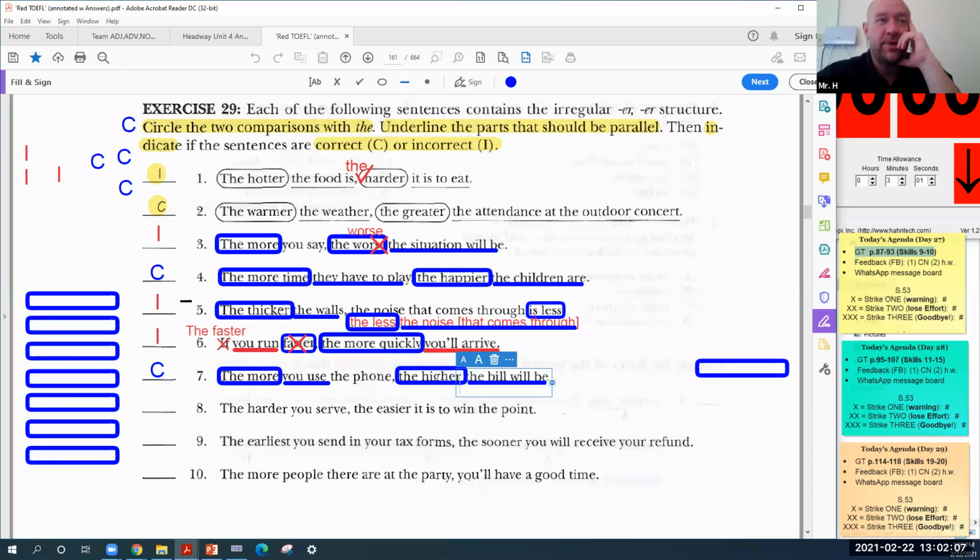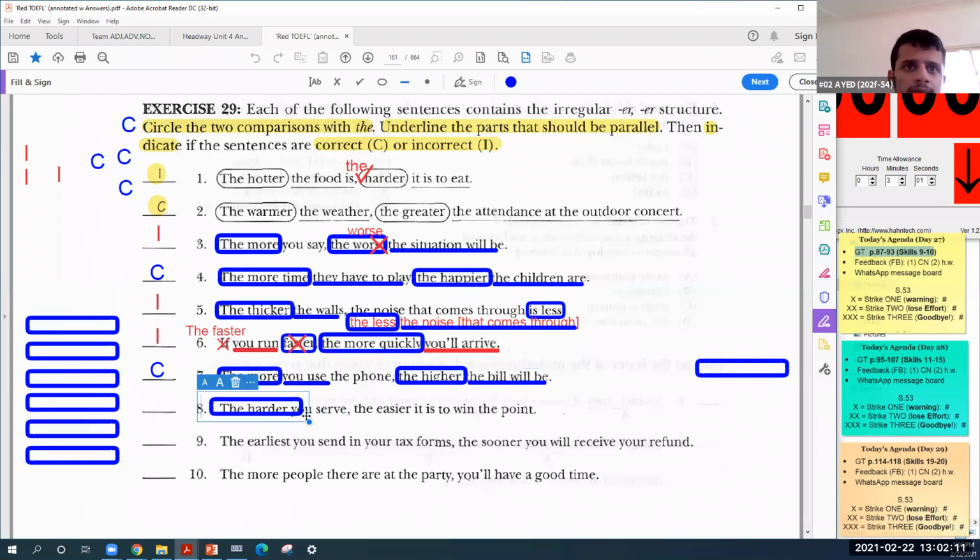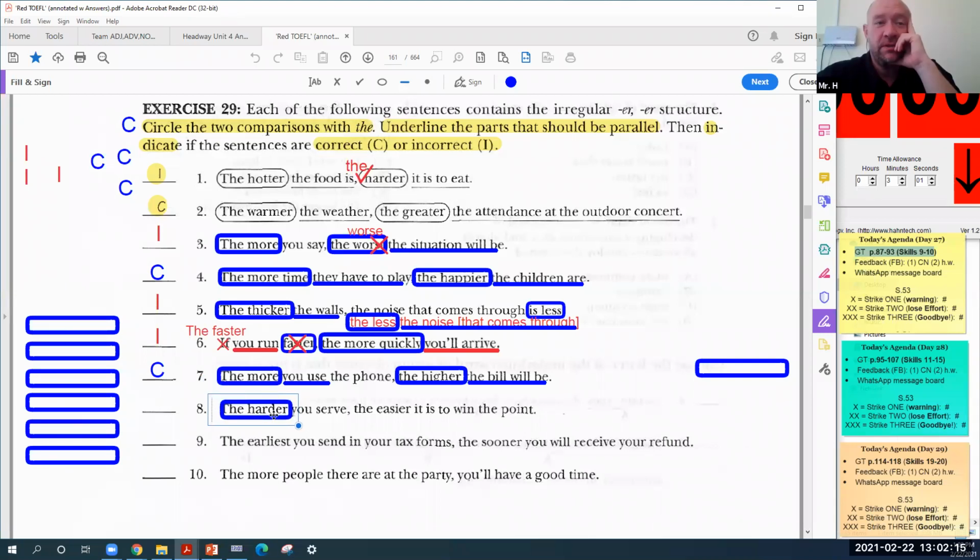Okay. Ayat, how about number 8? Correct. First circle, the harder. Second, easier. And what's the structure here?